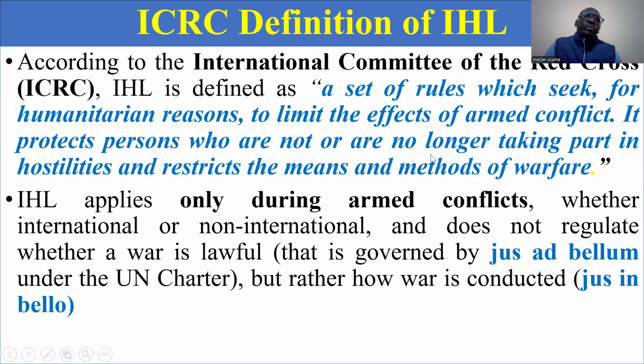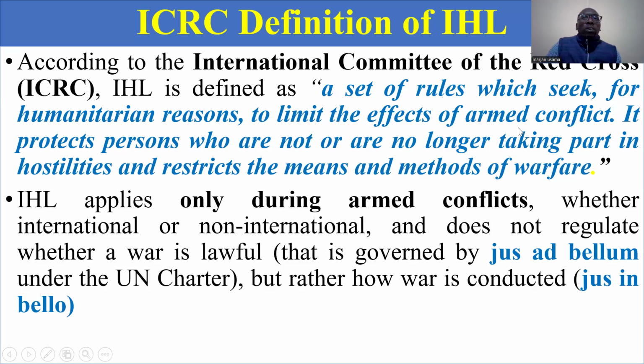Now, according to the International Committee of the Red Cross, how did they define international humanitarian law? They define it as a set of rules, majmu'atul qawaid aw al-qawanin, which seek for humanitarian reasons to limit the effects of armed conflict.